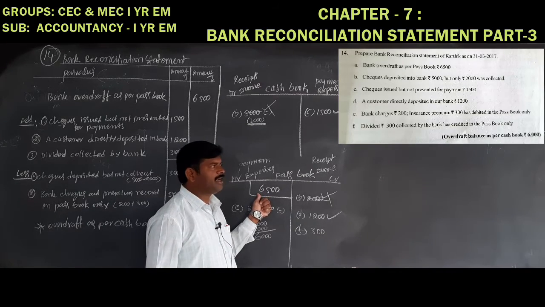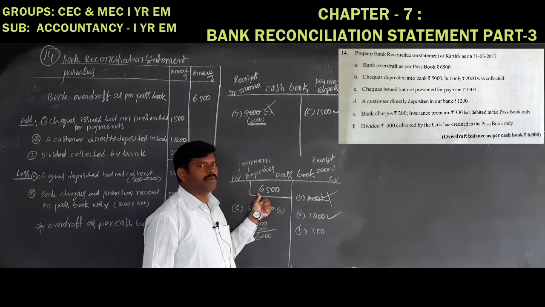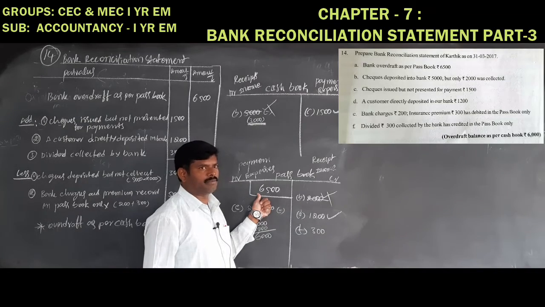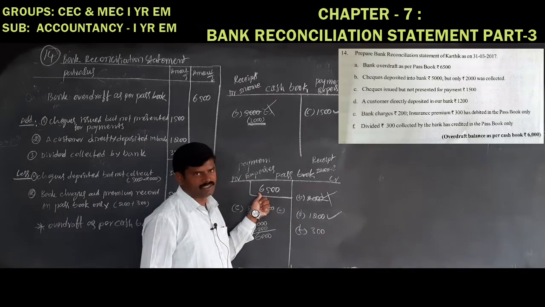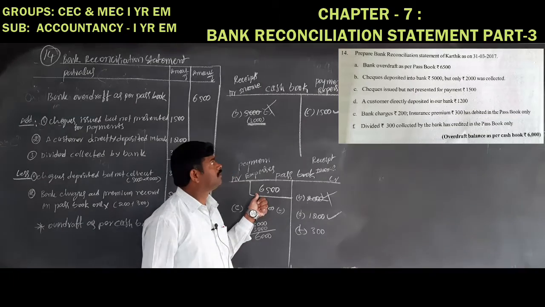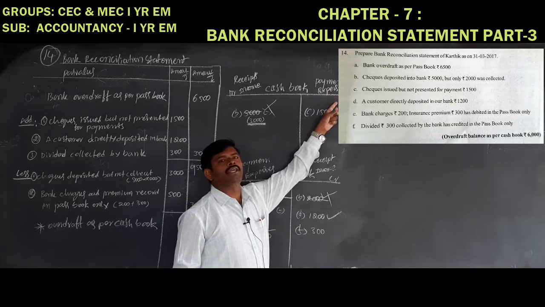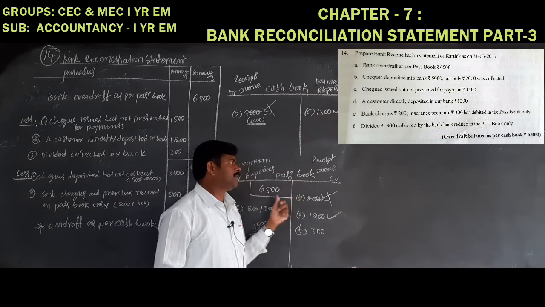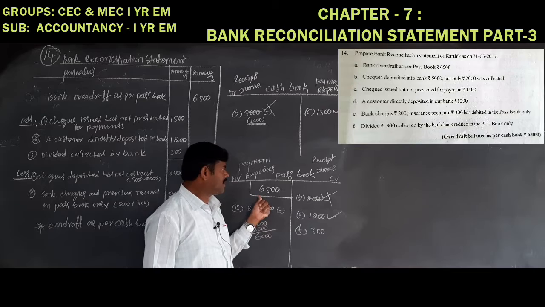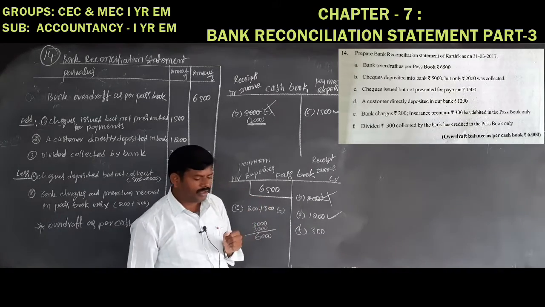So it is an overdraft or negative balance as per the passbook. Overdraft as per cash book is recorded here only, but overdraft as per passbook must be recorded on the debit side. Remember this. Next.